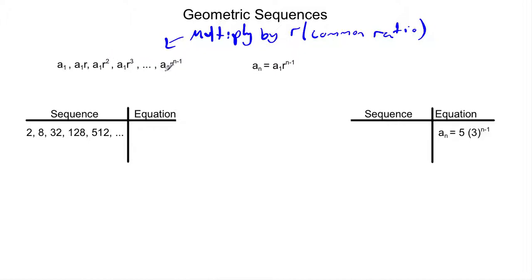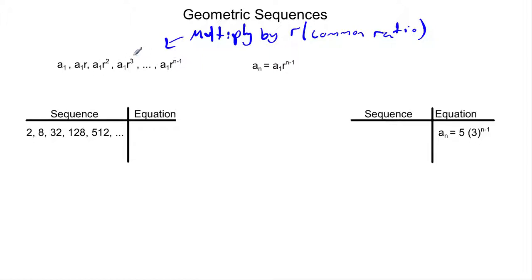And I have this for n times. So there's still n terms in here. So I'm going to have a sub 1 times r to the n minus 1. And that's because this first term doesn't actually have an r. So that's why I get r to the n minus 1.